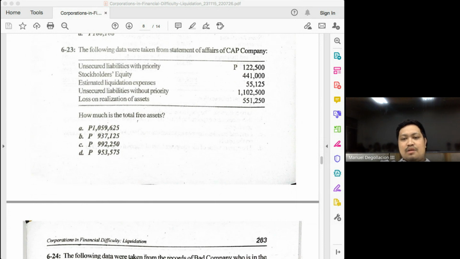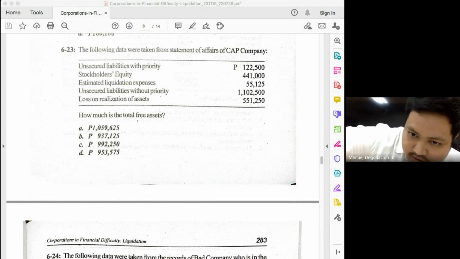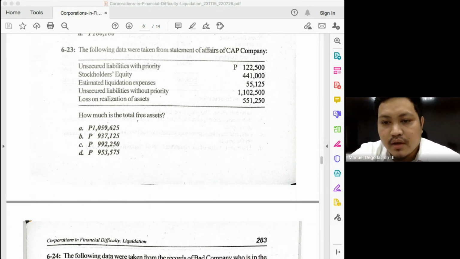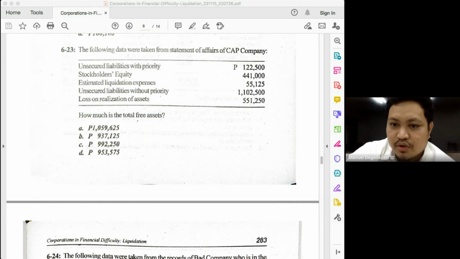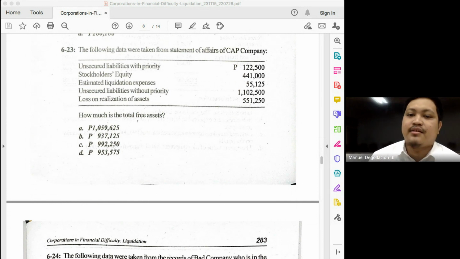Let's have 6-23. So the question here is, how much is your total free assets?